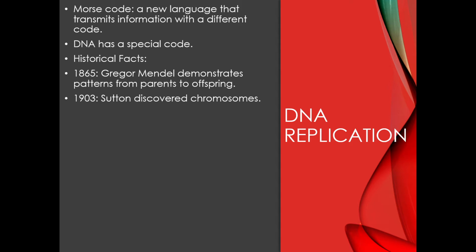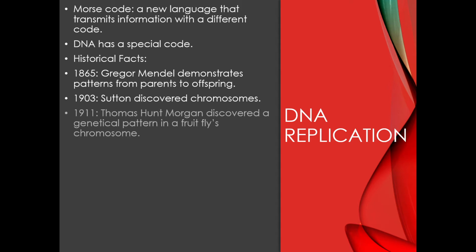Remember that chromosomes are a combination of DNA. In 1911, Thomas Hunt Morgan discovered a genetical pattern in a fruit fly's chromosome. This was a huge discovery because he started noticing the pattern that was followed in some chromosomes. In 1928, Frederick Griffith discovered DNA in bacteria.